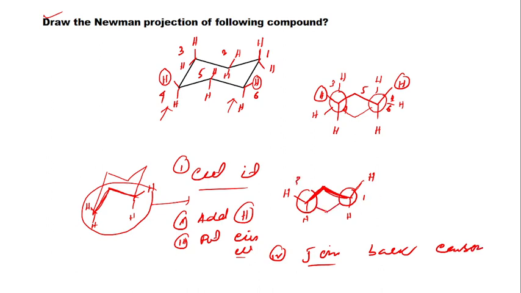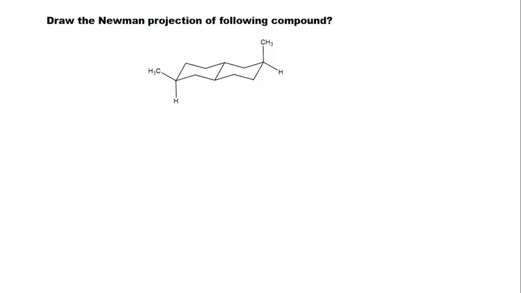I have joined that. So this is the easiest way to draw the Newman projection of cyclohexane without any imagination, without any looking. If we use this approach, we can address the question very easily, and there is the least probability that there will be a mistake. So we'll use the same approach for this given problem.